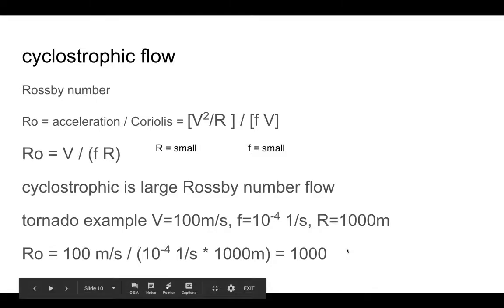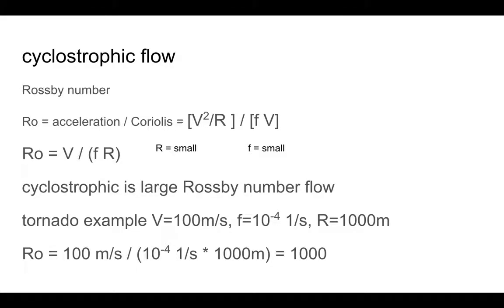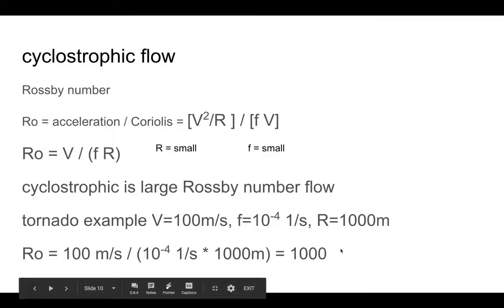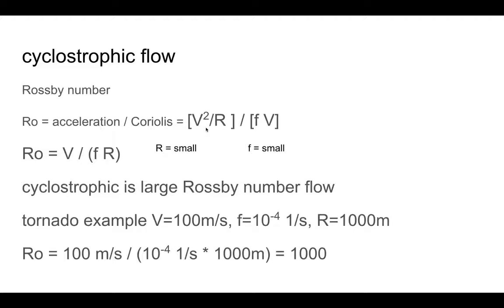When we're talking about mid-latitude geostrophic type flow, we're looking at a Rossby number of around 0.1. So this is much, much larger than that. It indicates the huge importance of the centrifugal acceleration in that particular case.